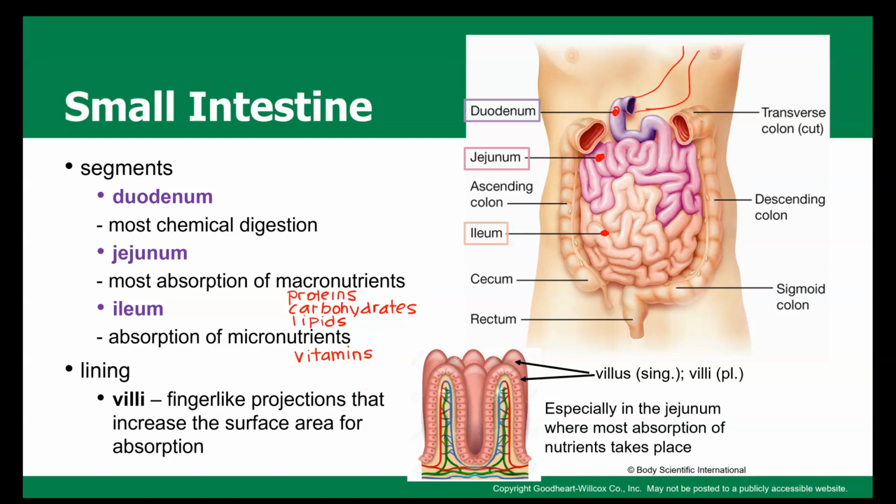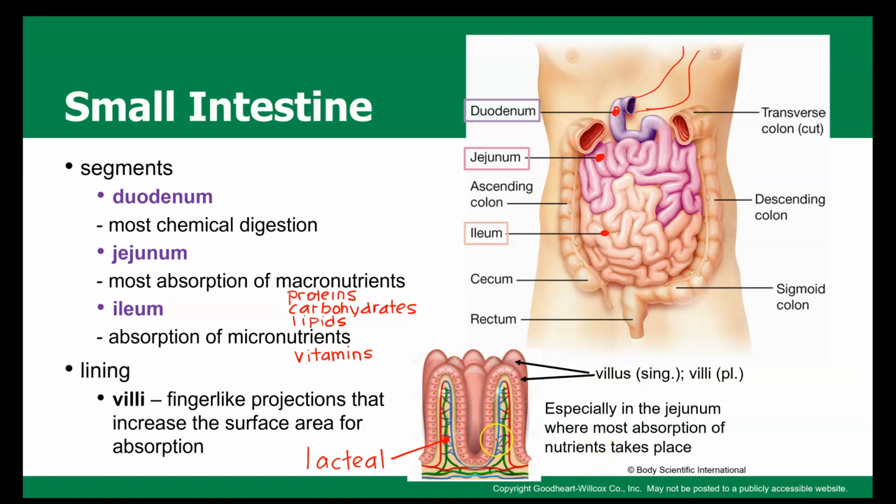Okay. And then one other thing we want to point out about the small intestine is that the lining, the inside of that tube, has these structures called villi. And we saw these before when we talked about the lacteals in the lymphatic system. So here's your lacteal, if you remember, in your villi. And so the lining of the small intestine has all of these finger-like villi to increase the surface area for absorption.